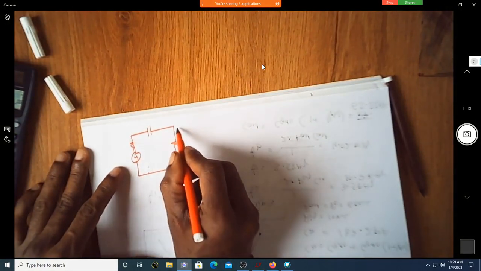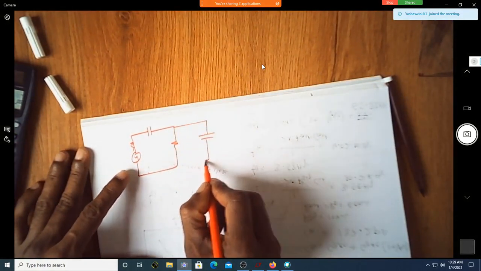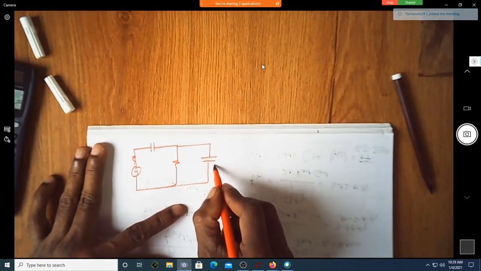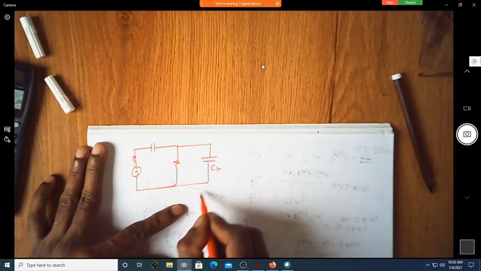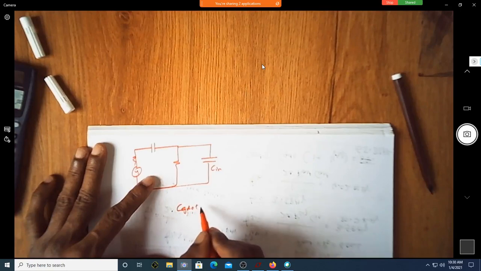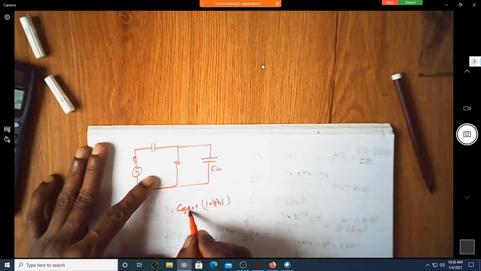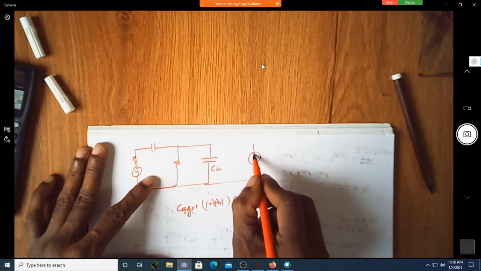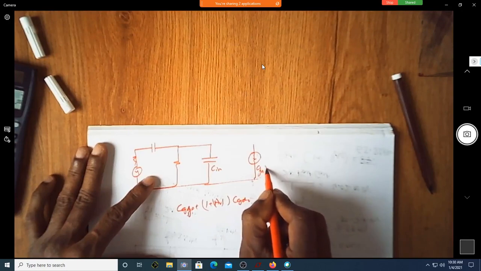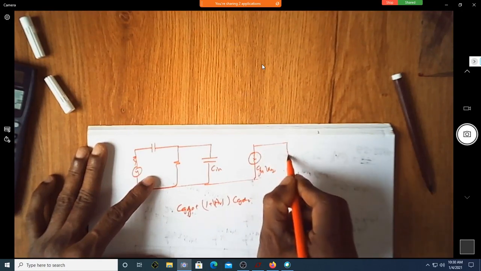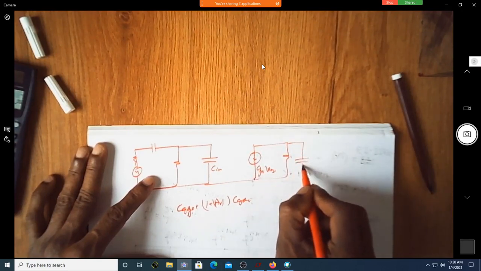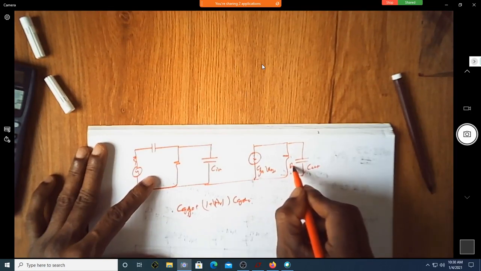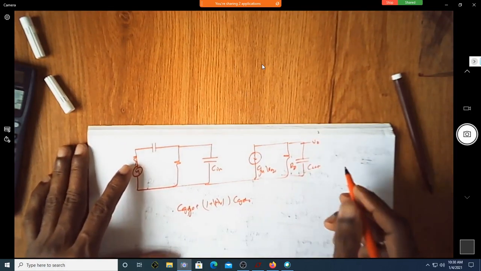This is Rin. This is Cin, a single capacitor, which is equal to CGDO plus 1 plus Av times CGSO, and of course you have gm times VGS, then you have this RD, and then Cout. This is what you have.